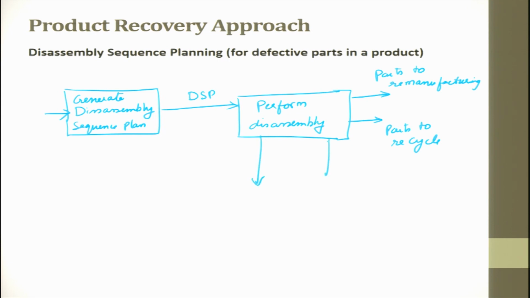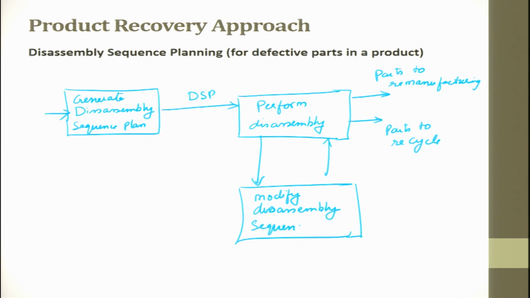So, here we modify the disassembly sequence plan, and this is the incoming products, and this is the current part in DSP, defective.